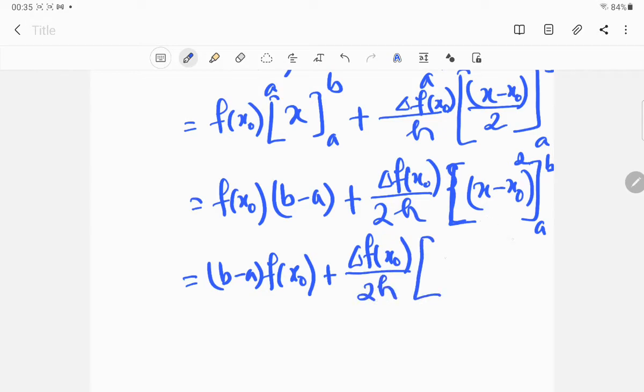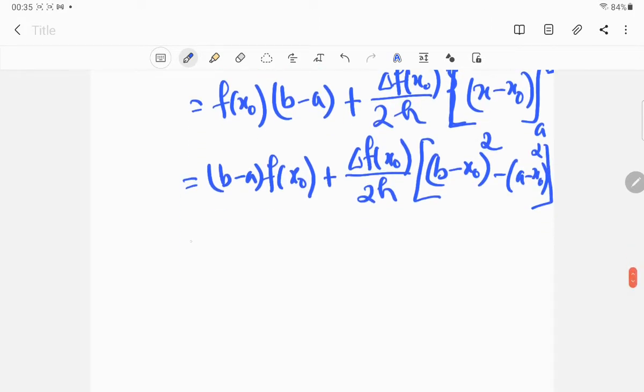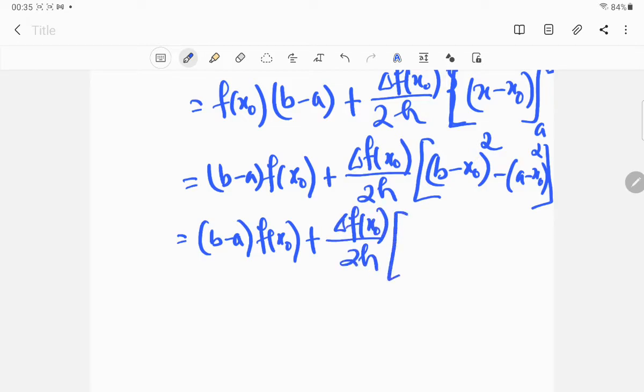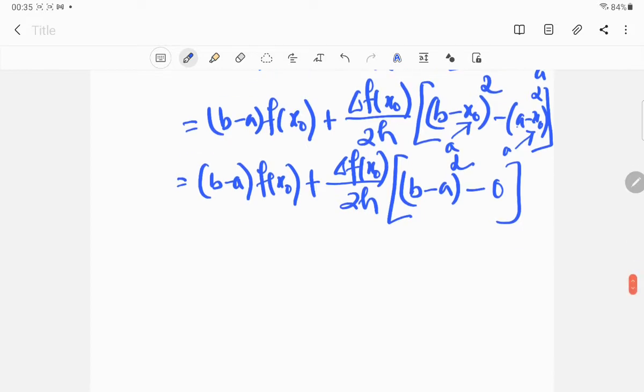So x means first it will be (b minus x0) square minus (a minus x0) square. So (b minus a) f(x0) plus del f(x0) by twice h. So x0 is nothing but a, so it is (b minus a) whole square. x0 is nothing but a, so a minus a means 0, okay.